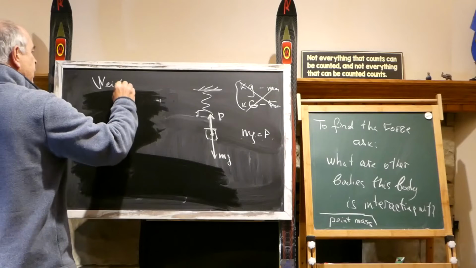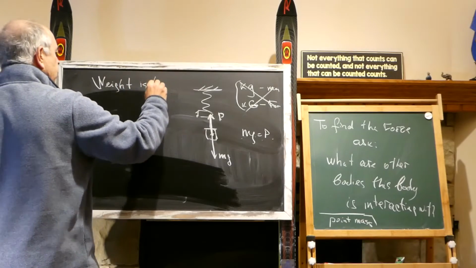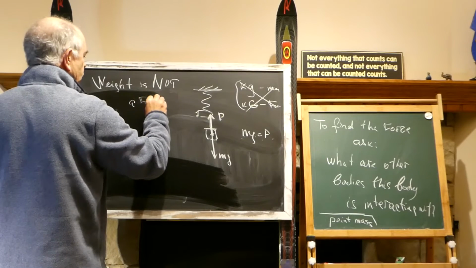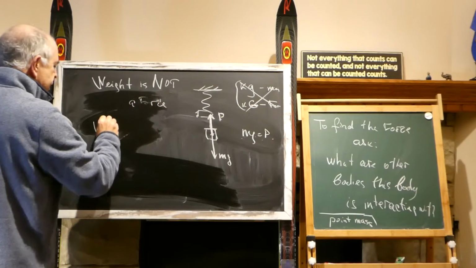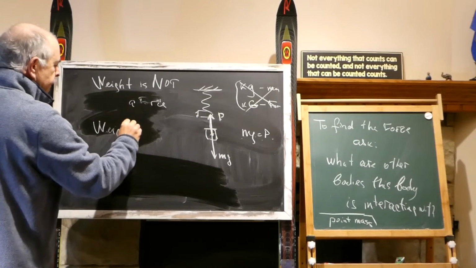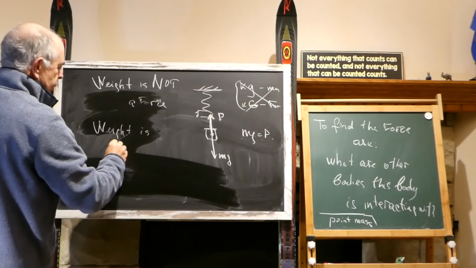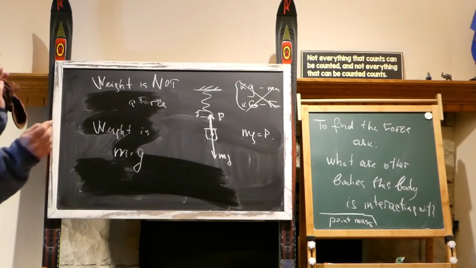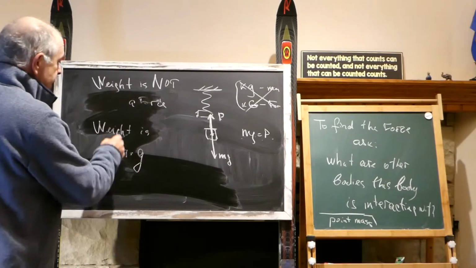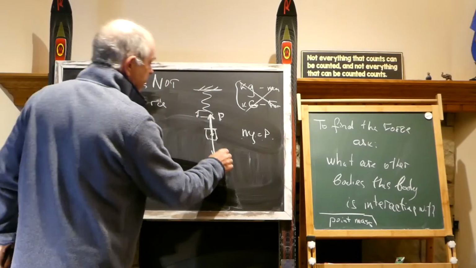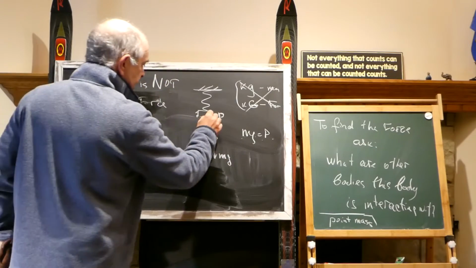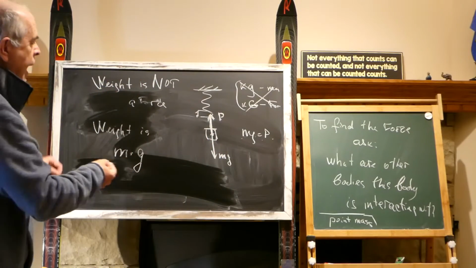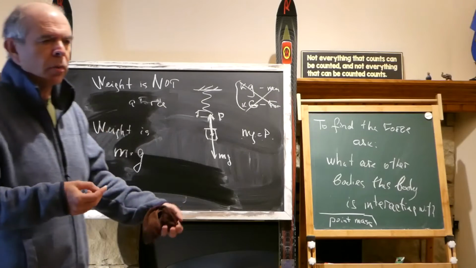Weight is not a force. Weight is simply mass multiplied by g. And it so happens that weight is equal to gravity, and weight is equal to the pull of the string, and weight is equal to the normal reaction.